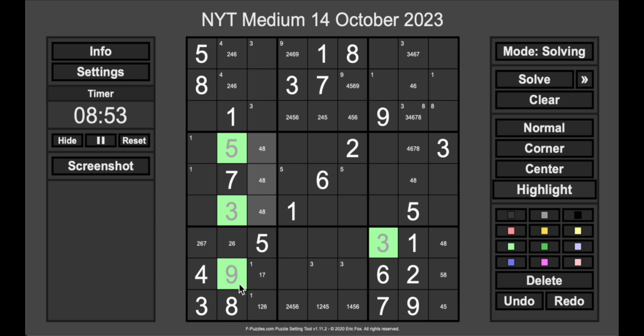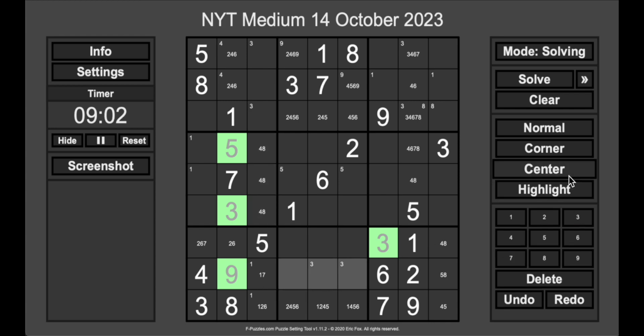Okay, what about row 8? I've got 2, 4, 6, and 9. So I need 1, 3, 5, 7, 8. Now this one can't be 3, 5, or 8. This one can't be 1, 3, or 7. But this isn't 1 or 3.